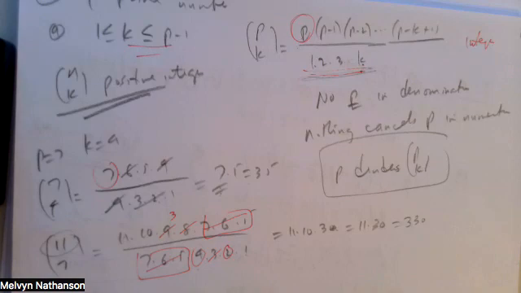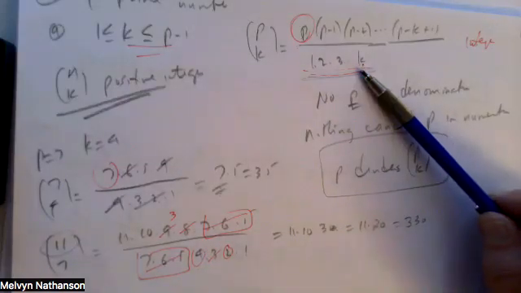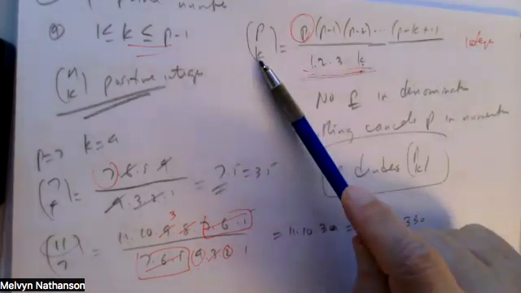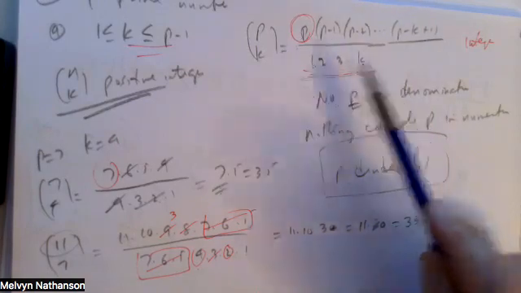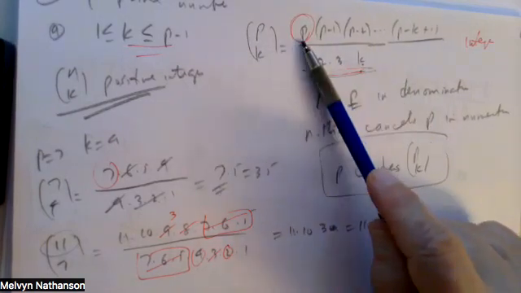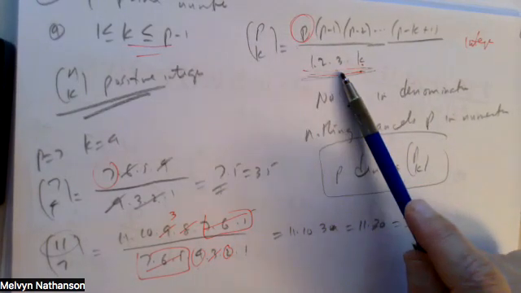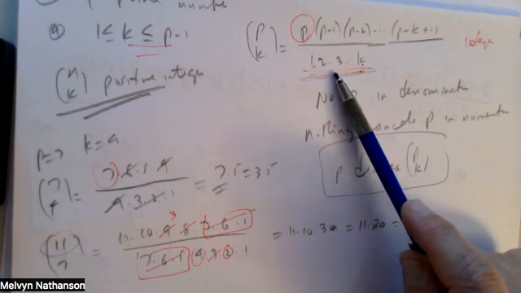When you say there's no prime, you mean after the cancellations? Before or after. I mean, here, there's no P in the denominator. If I look at P choose K, this binomial coefficient, this is the formula for what this number is. You see a P in the numerator, but there's no P in the denominator. P is a prime.